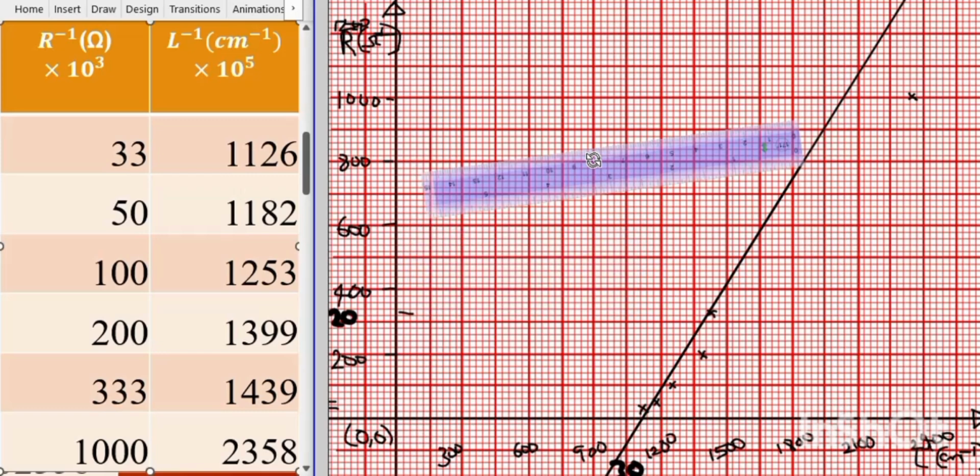Then after plotting your graph, you are going to establish your slope triangle lines.